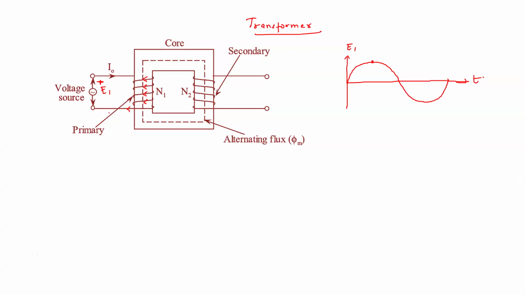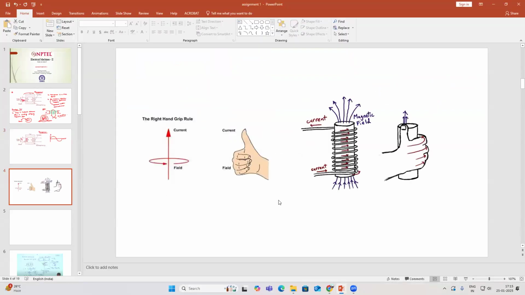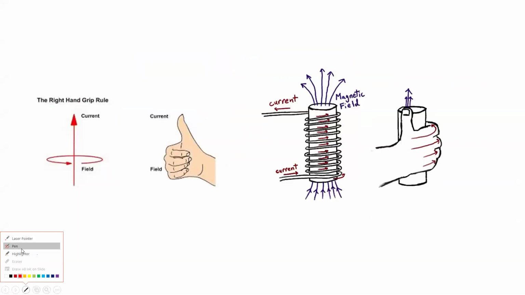Now let us apply the right hand thumb rule. What does this rule say? You can apply it to a coil. Suppose you have a coil like this and a current is flowing in this way.